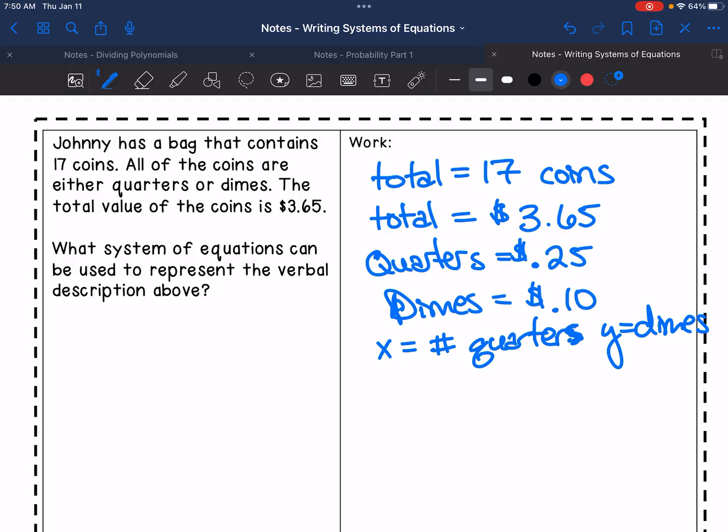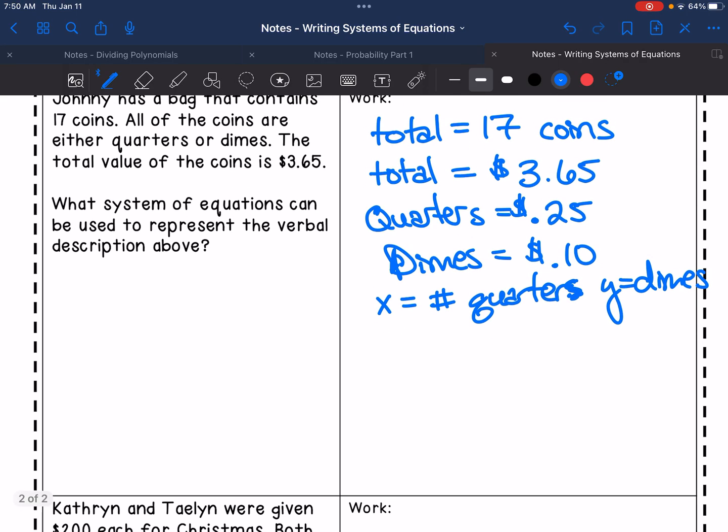Okay, so what I'm going to do with this information is write two equations. I've got two variables, so I need two equations that use all of this information. One equation is going to be based on my dollar amount, so I need this equation to equal my total of $3.65.